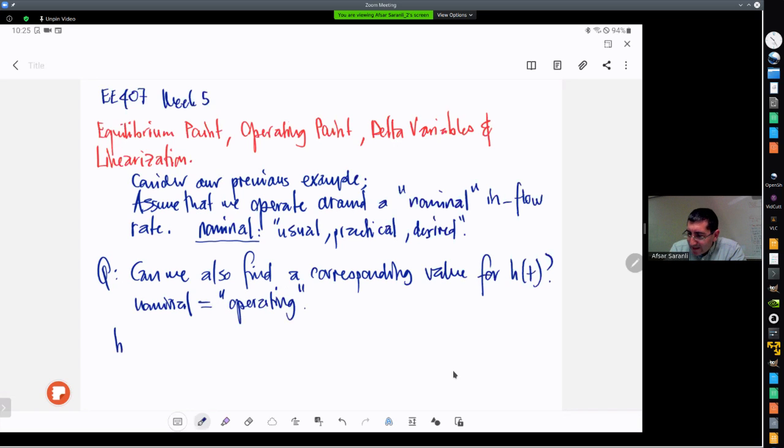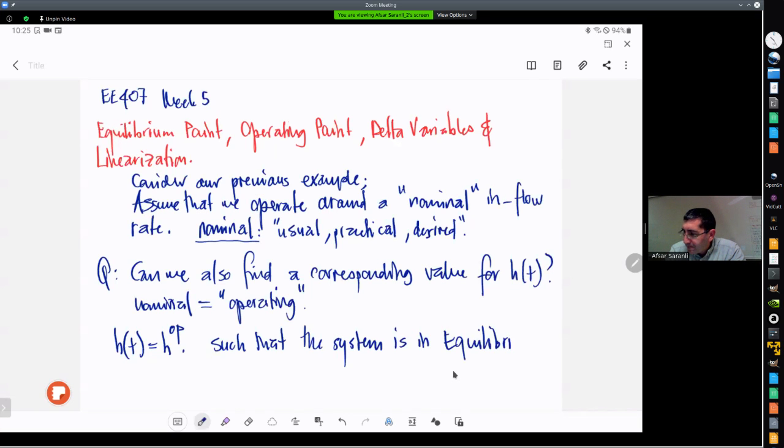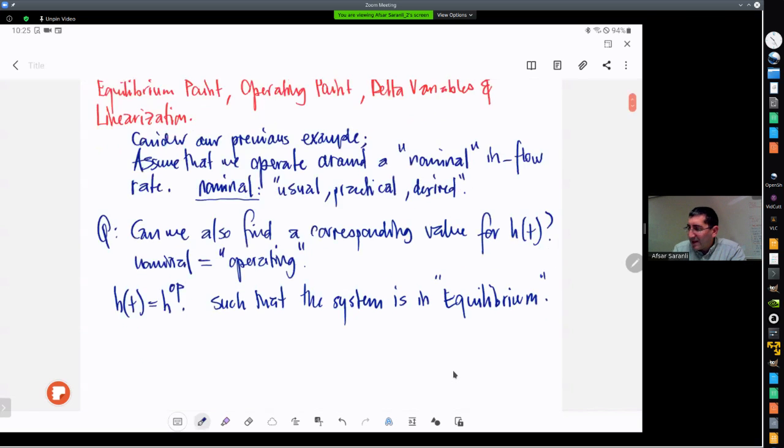So let's say that such a value of h of t exists, and this is constant. We call it HOP, such that the system is in equilibrium. What is equilibrium?